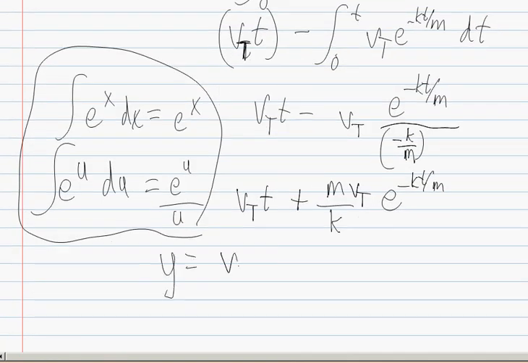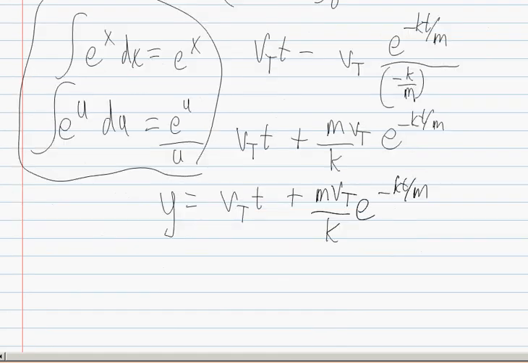So we're going to have y equals vt times t plus m vt over k e to the negative kt over m. And then I think your book actually goes through and factors stuff out. They say it's vt times t plus m over k e to the negative kt over m. Yep. Good.